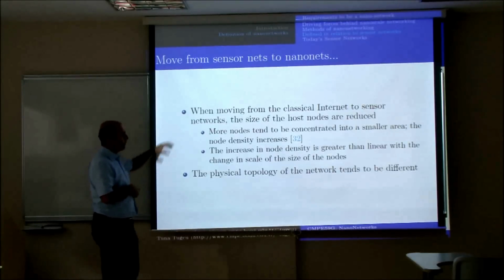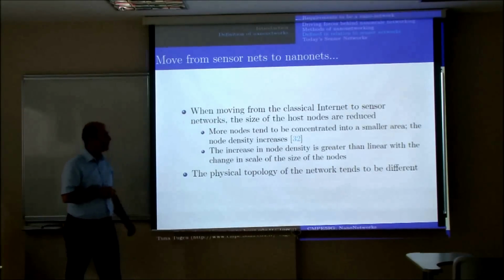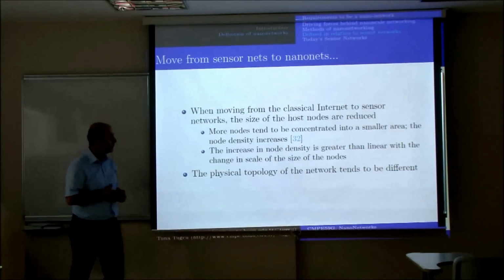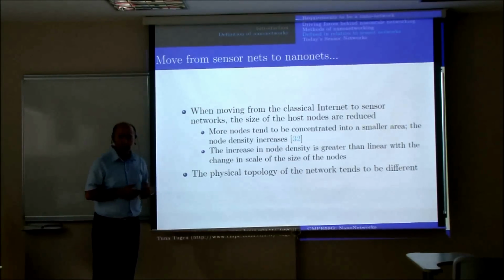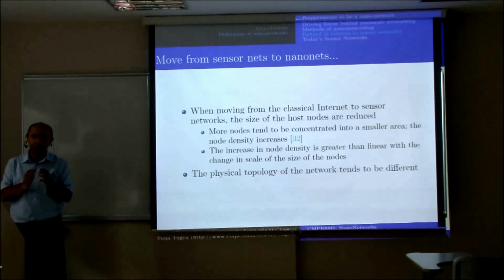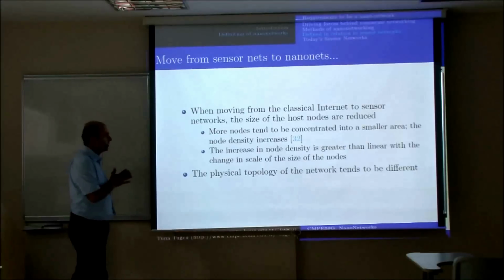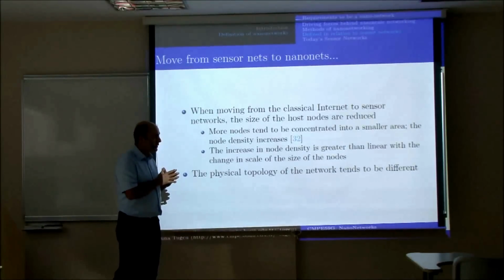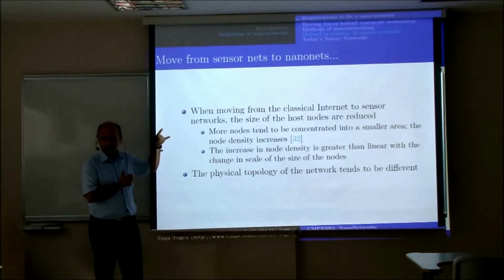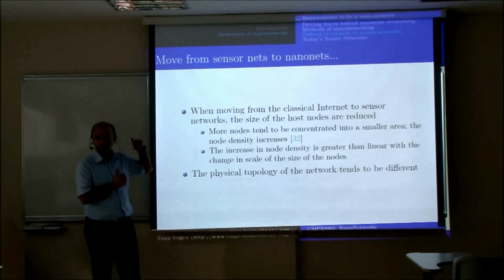When we are moving from the classical internet towards sensor networks, the size of the host nodes is typically reduced, and you will have more nodes in a smaller area, a high concentration of nodes in a very small area. This has its benefits, and it also comes with its own problems.